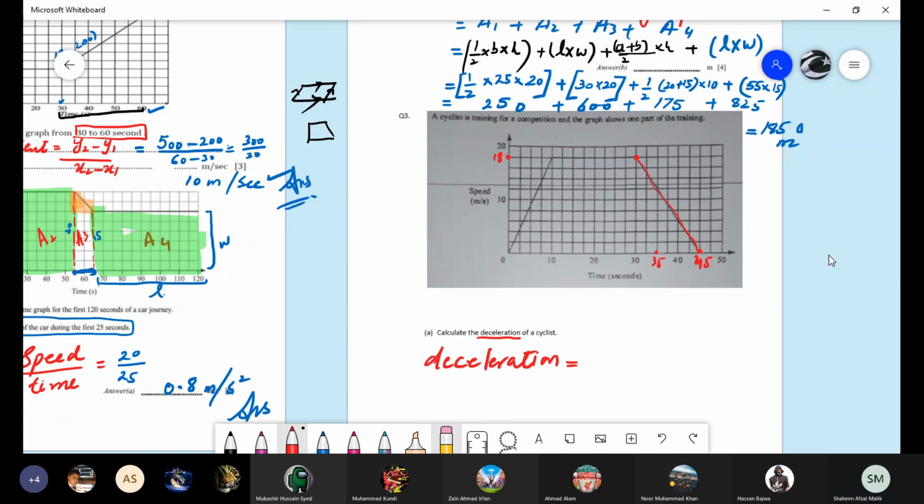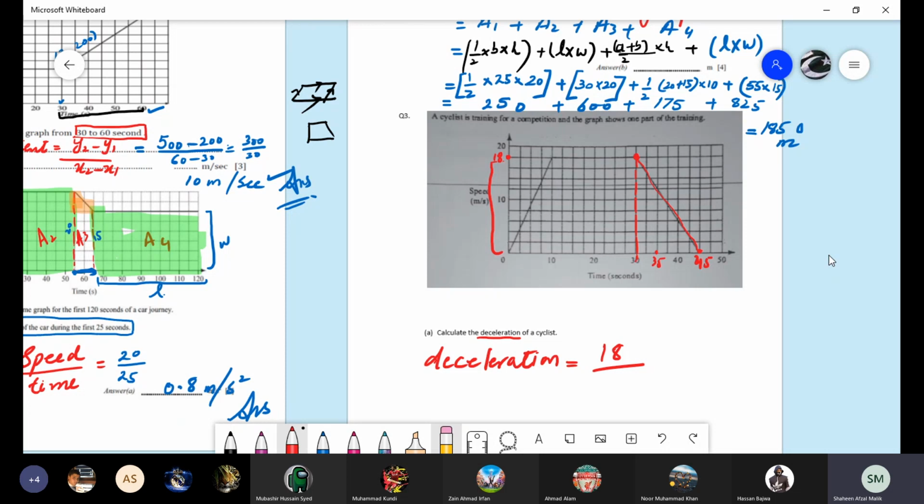45 over 18 minus. No, it will not be 45 over 18, my dear. It will be this point. You can write delta y. What is that? 18. And change in x, you have to start from this point. This is the point from where you have to find out. From this point, the car speed is going to decrease.